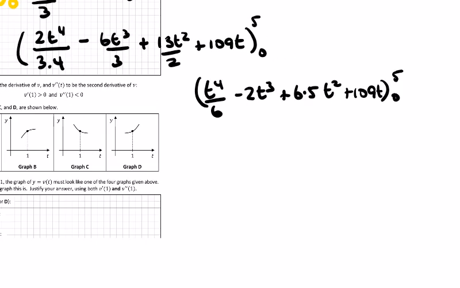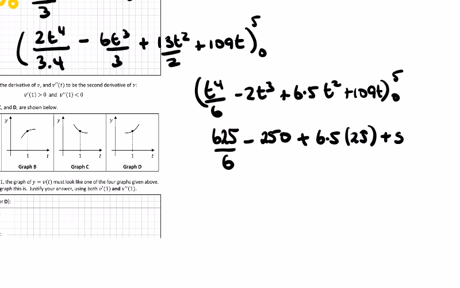So this is going to give 5 to the power of 4, 625 over 6, minus twice 125, which is 250, plus 6.5 by 25, I'm not sure what that is, just a calculator that, and then 109 by 5 would be 545.